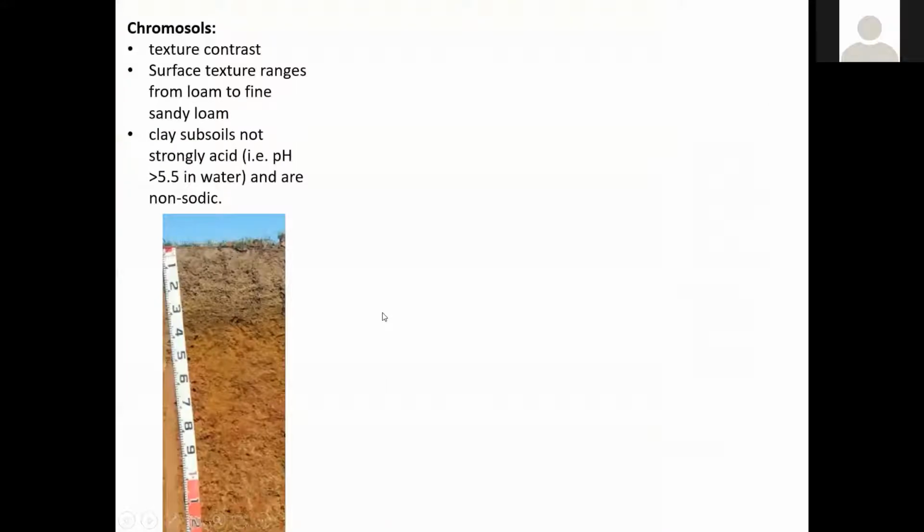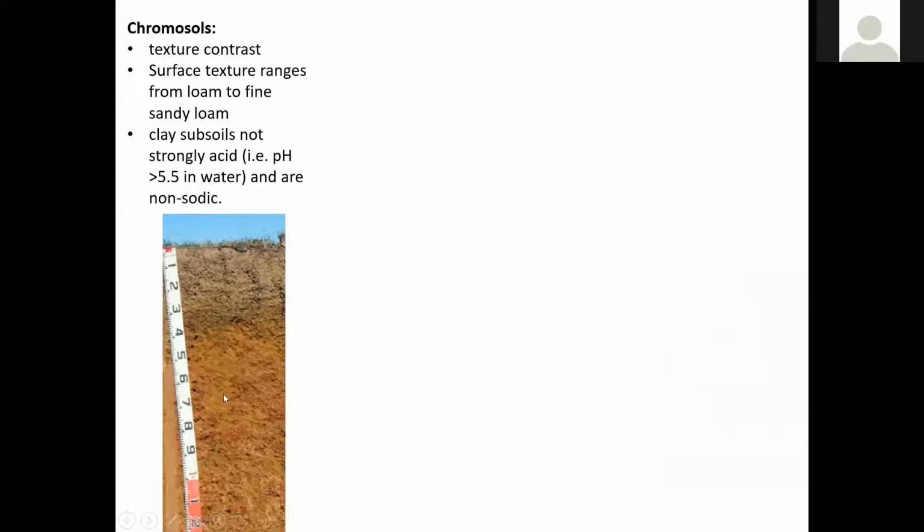So to understand the difference between those 3: chromosols have a strong texture contrast between the topsoil, in this case about 30 centimetres, and a heavier clay subsoil. They tend to be lighter textured on top and heavier at the bottom, but the pH tends to be above 5.5, so they're not overly acidic at depth, and they're non-sodic.